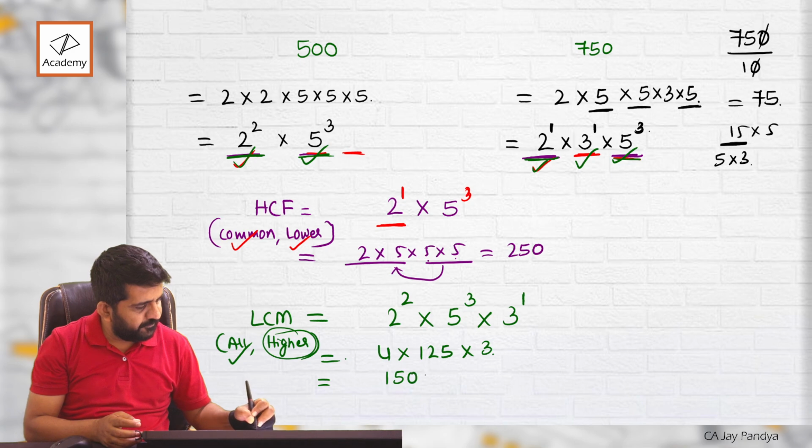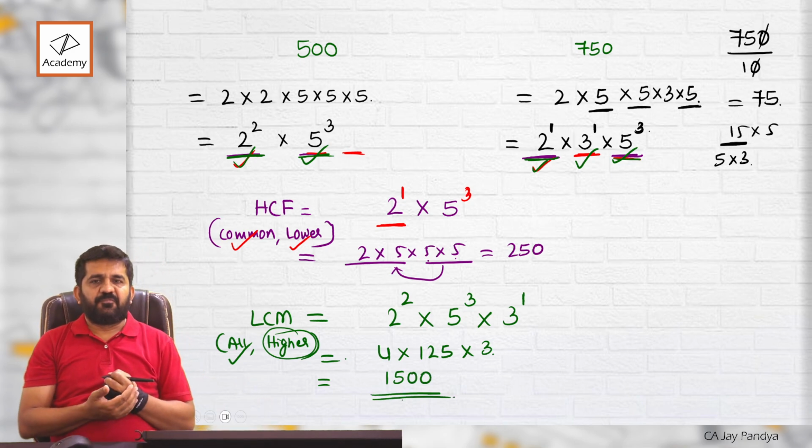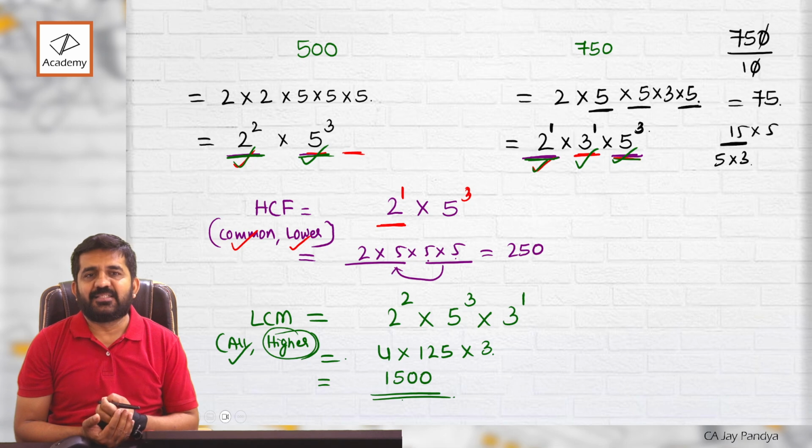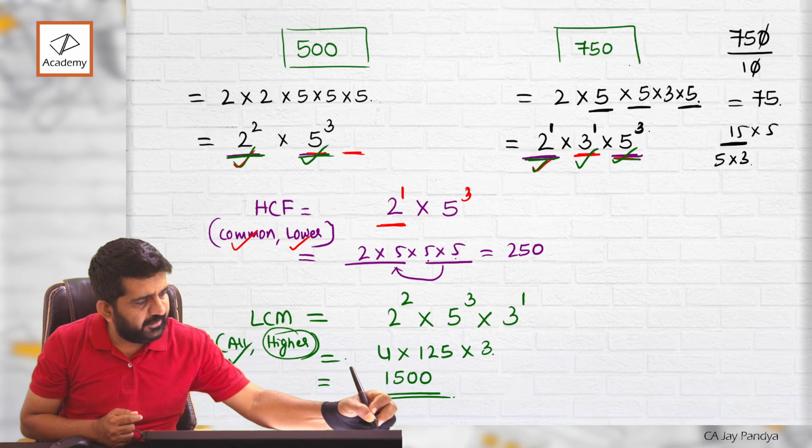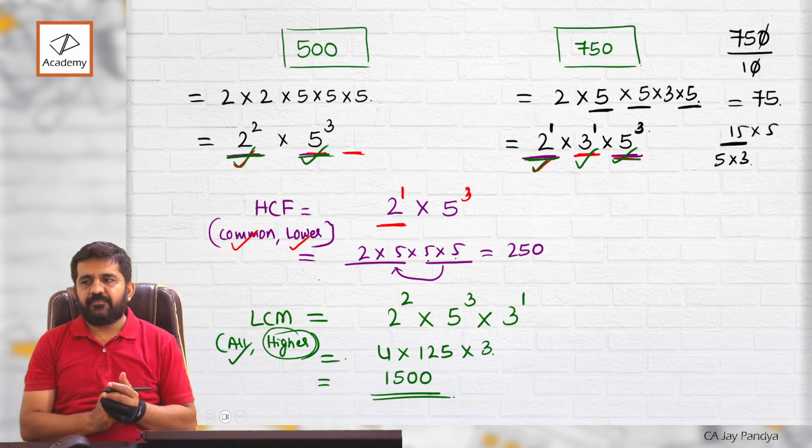This is 1500. 1500 is the LCM of the two figures, which are 500 and 750, right.